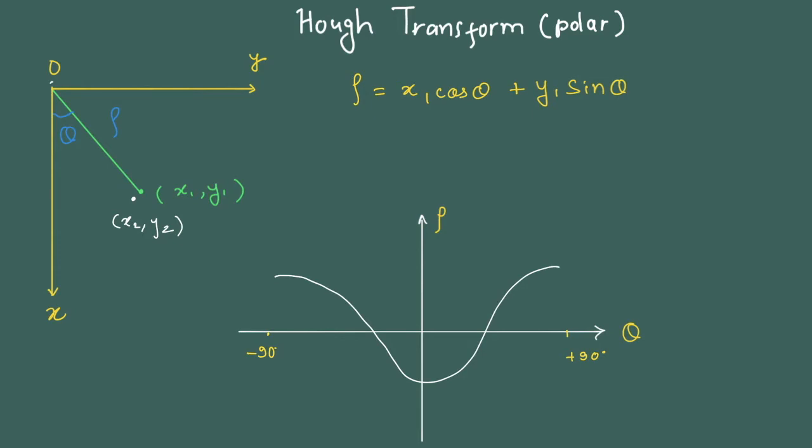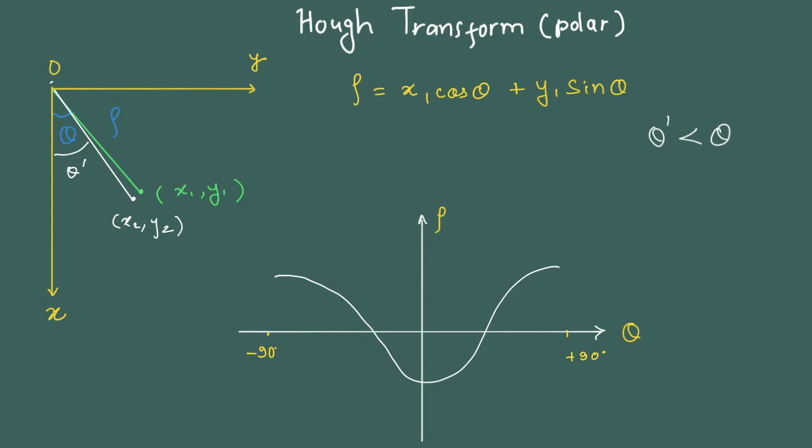To get the value of theta, we will do the same procedure. So now this theta prime is obviously smaller as compared to our previous theta.